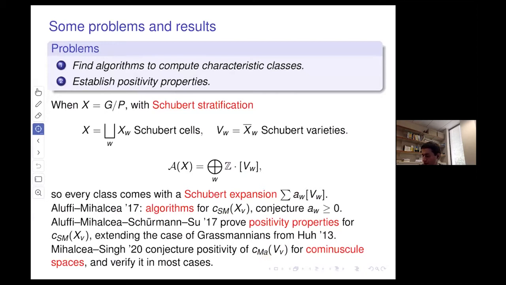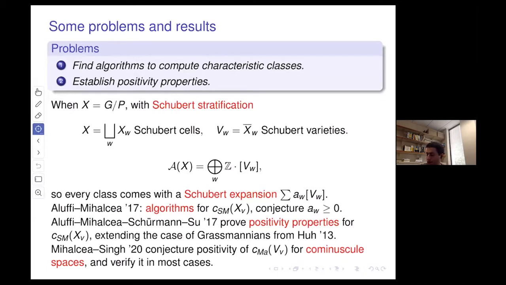And so these authors just restricted to the case of cominuscule spaces. So I'll talk about some examples, but this is basically the usual Grassmannian, orthogonal Grassmannian, Lagrangian Grassmannian. That's a finite list, quadrics in projective space, and two more exceptional examples. So again, maybe the first generalization of the classical Grassmannian is this class of cominuscule spaces, and you might want to try to understand how to compute these classes.